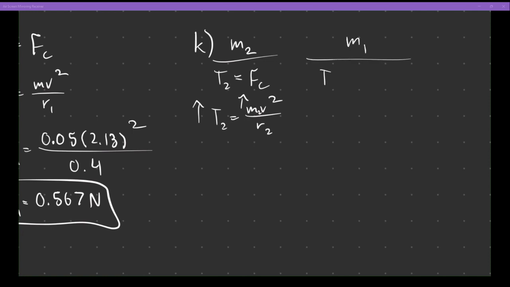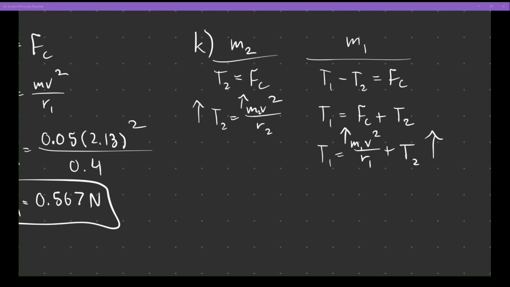So this is just T1 minus T2 equals F of C. So this is T1 equals F of C plus T2. So T1 equals M1 v squared over R1. But then if this increases, and we found over here that T2 also increases, that means that T1 also increases. So both increase.